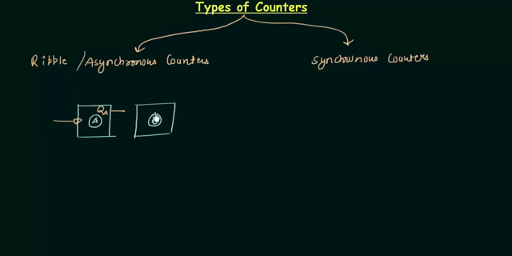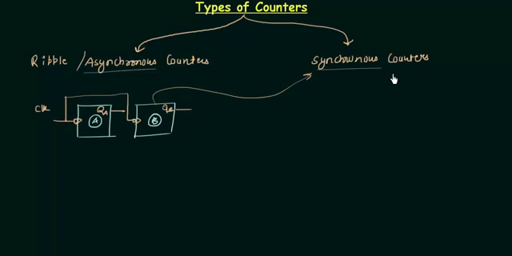This is QA and this is QB, and the clock is given to both flip-flops at the same time. It is a very simple thing to remember. The only difference is regarding the clock. The clock is not given simultaneously in asynchronous, whereas it is given simultaneously in synchronous.